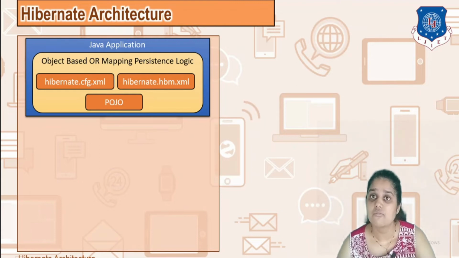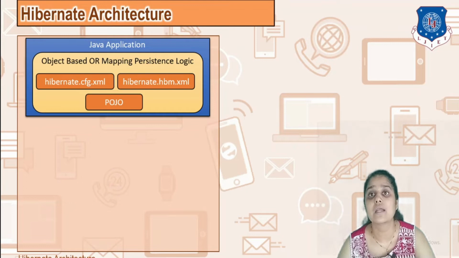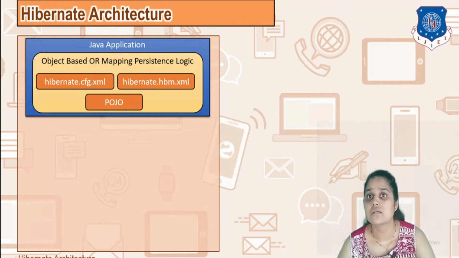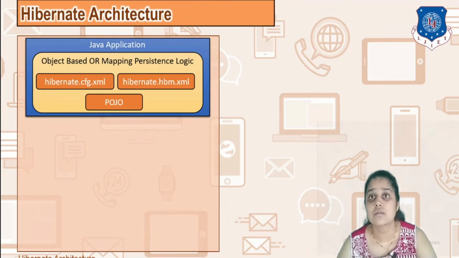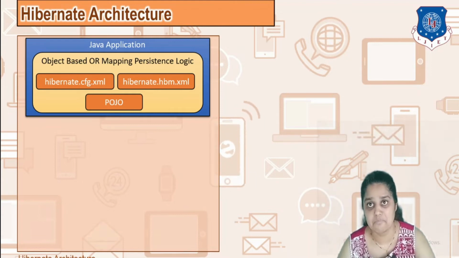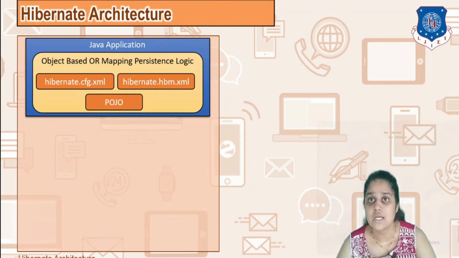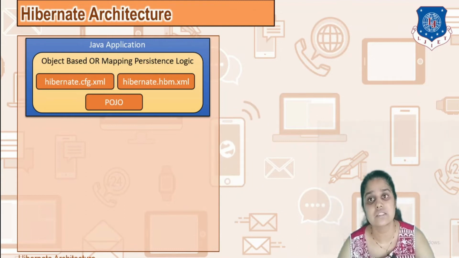In this configuration file you are storing all the code for connecting to the database. That is the URL of your database, the username, the password, and which class you are going to load, that is your Class.forName method. All this data for linking to the database you are storing in the CFG file.